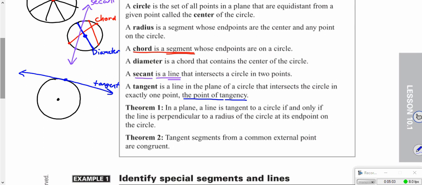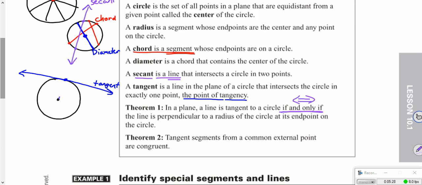So theorem one. We've got a couple of theorems here about tangents. Theorem one: in a plane, a line is tangent to a circle if and only if the line is perpendicular to a radius of the circle at its endpoint on the circle.